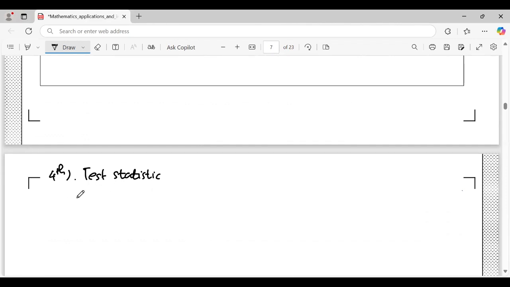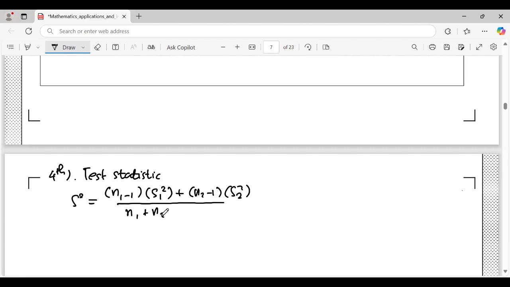Firstly, the pooled variance: variance equals n1 minus 1 times s1 squared minus n2 minus 1 times s2 squared over n1 plus n2 minus 2. So 1 is new, and 2 is current. 100 minus 1 is 99, and this is 3.8 squared.